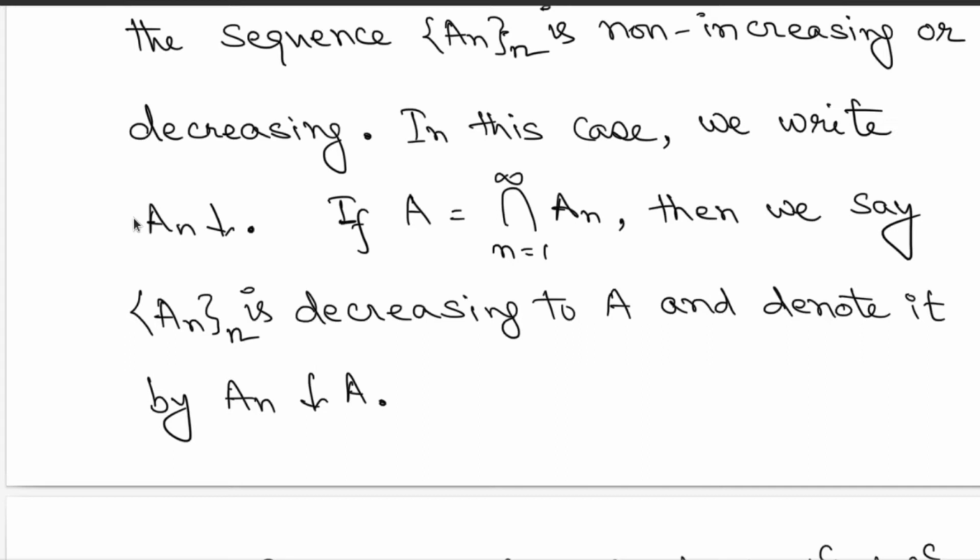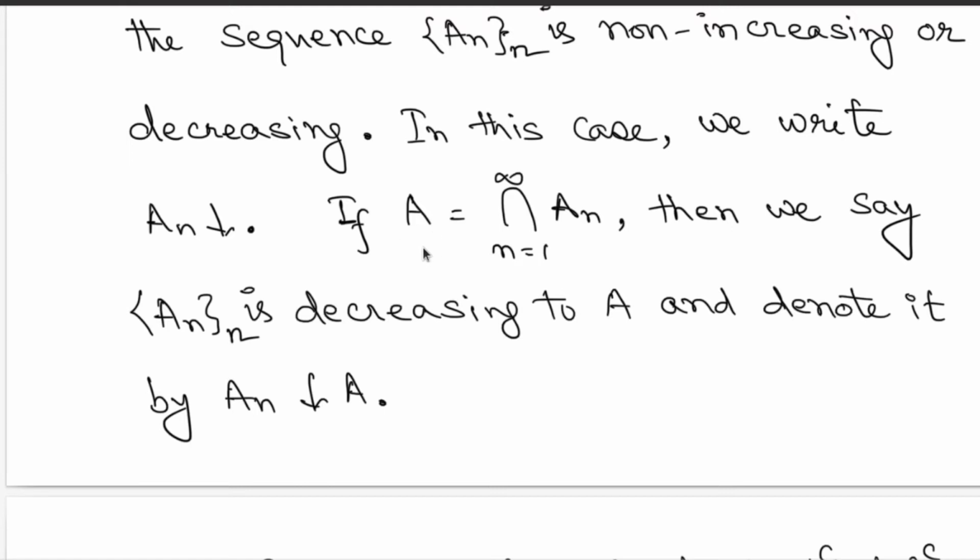Now once you look at this sequence of sets, you expect that you first start with A1, then you go to a smaller set. So you can think of A2 as the intersection between A1 and A2. Then when you look at A3, you can think of it as an intersection between A1, A2 and A3. So in this way, you can expect to get the limit to be this complete intersection of all these sets. And let's say you denote this complete intersection by capital A. Okay.